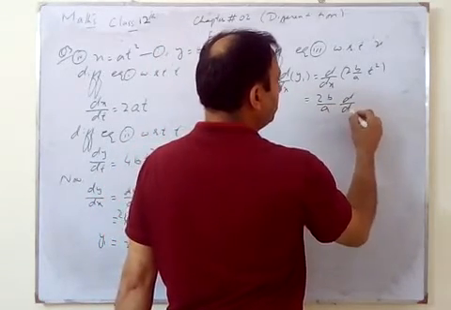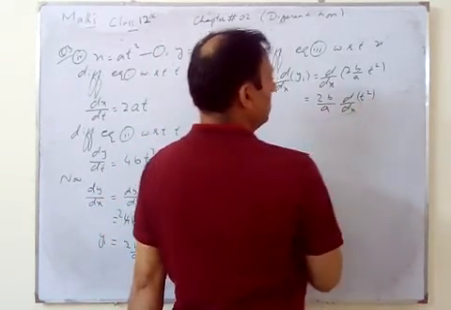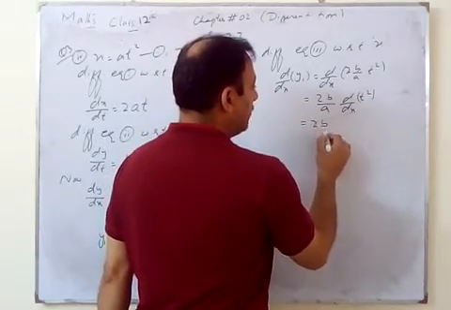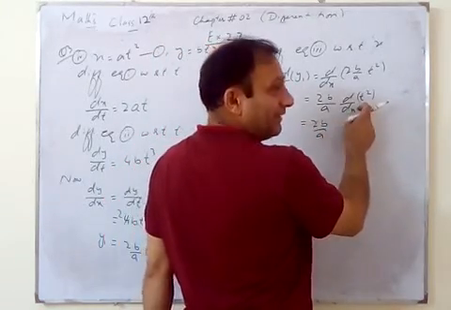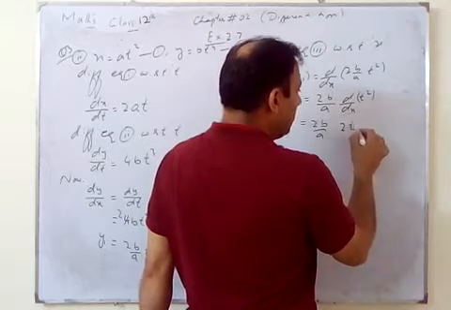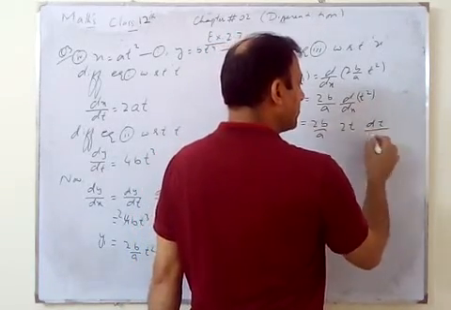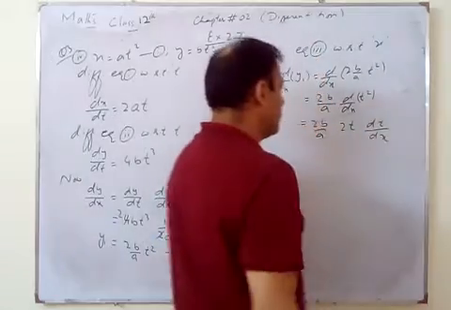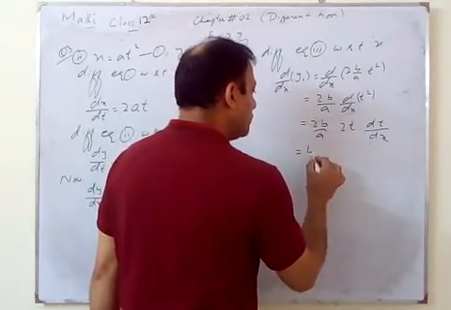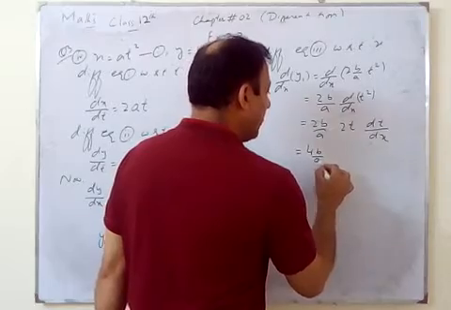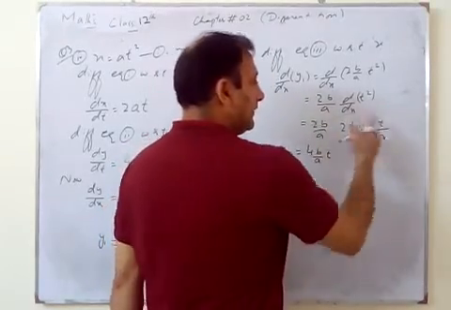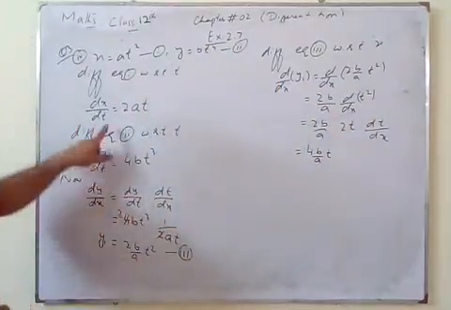So 2b over a into derivative of t square, which is 2t, into derivative of t again with respect to x. So we have 2b over a into 2t, derivative of t with respect to x.